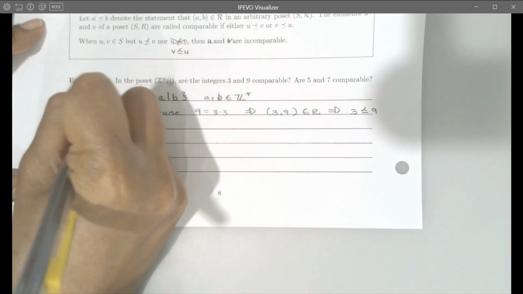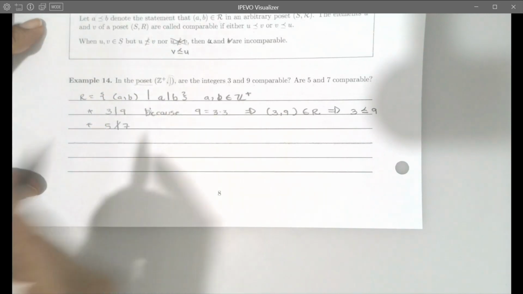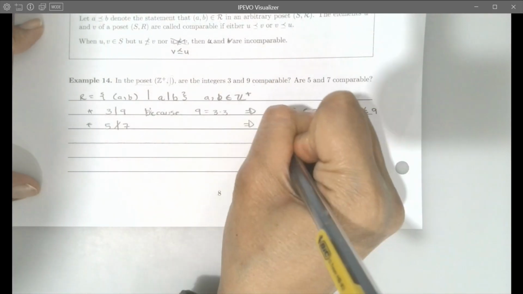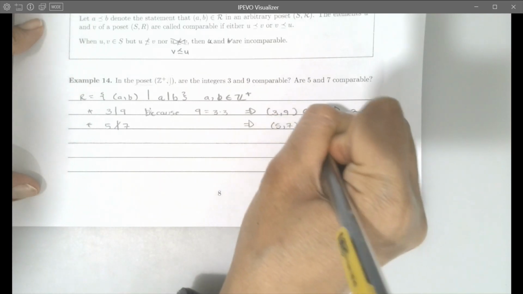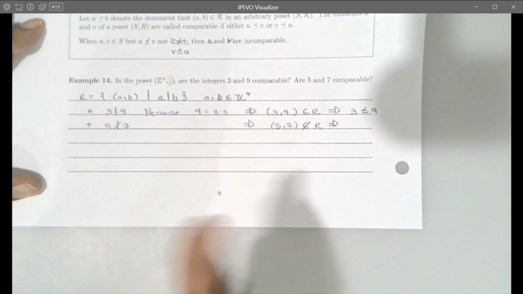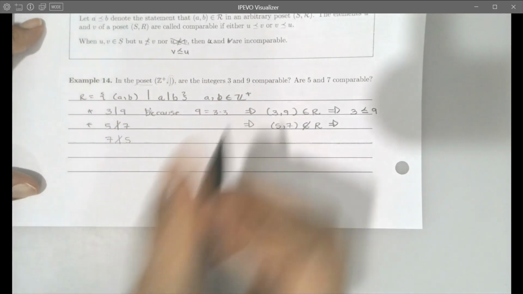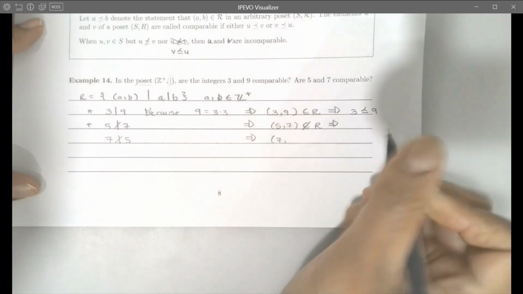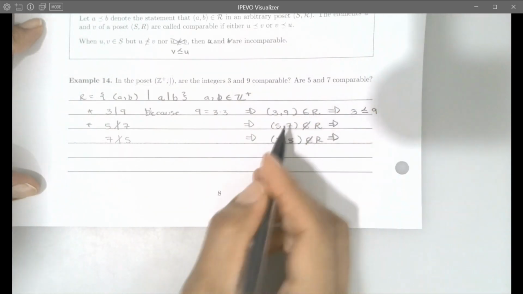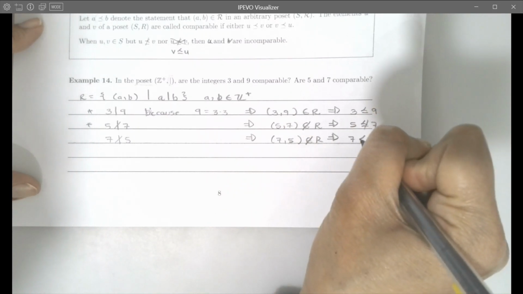Now, if we look at 5 and 7, 5 does not divide 7. In fact, 7 is prime. It's not divisible by any other number. So that means that (5, 7) is not part of the relation. Not only that, but if we think about 7 dividing 5, that doesn't happen either. So (7, 5) is not part of the relation. So what we have is that 5 does not precede 7 and 7 does not precede 5.